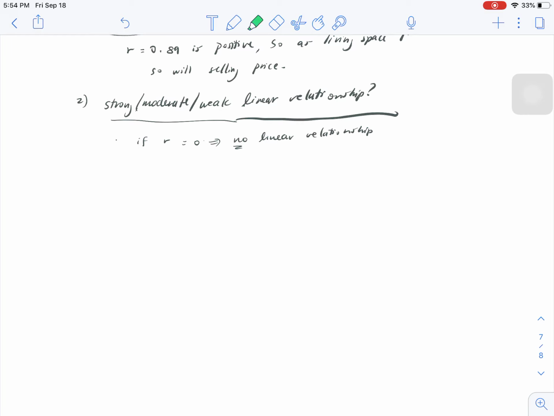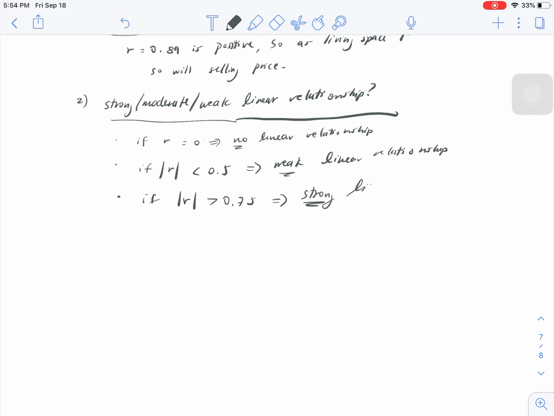So if r is 0, that means that there's no linear relationship. If the absolute value of r is less than 0.5, we say there's a weak linear relationship. If the absolute value of r is greater than 0.75, we say that there's a strong linear relationship between our two variables.